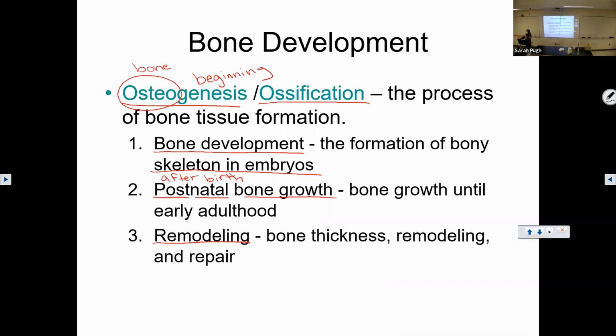So a lot of times the bones in the right arm will get thicker, stronger, and more dense because you need that, because you're using it more. So that is bone remodeling. It's your bones changing shape and changing density based on how you're using them.